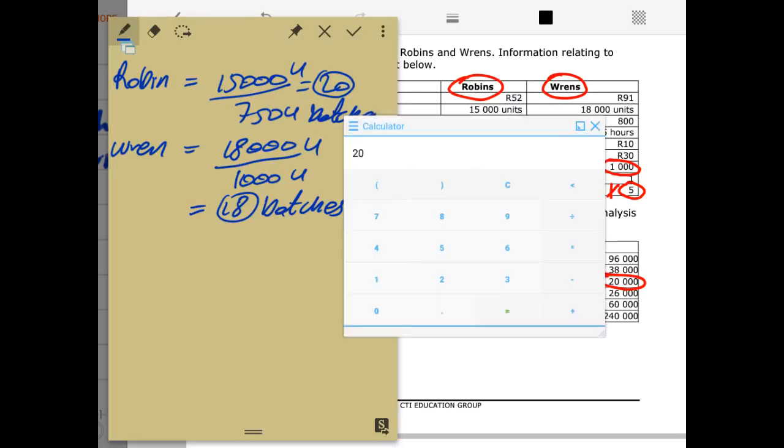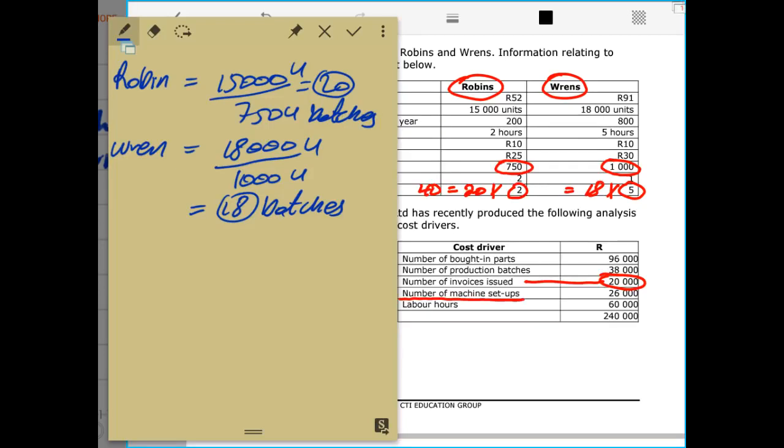Then we have to check now if 5 times by 18, what does it give us? It gives us 90. So now we have 40 and we have 90.